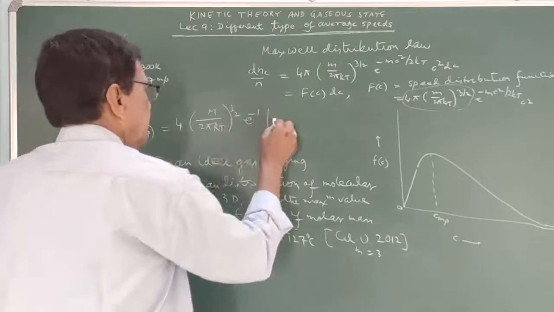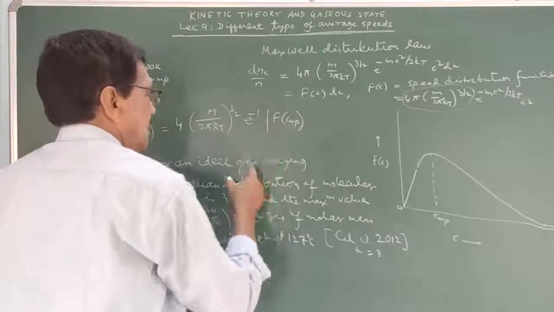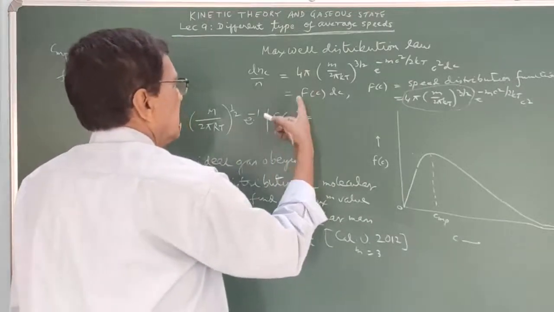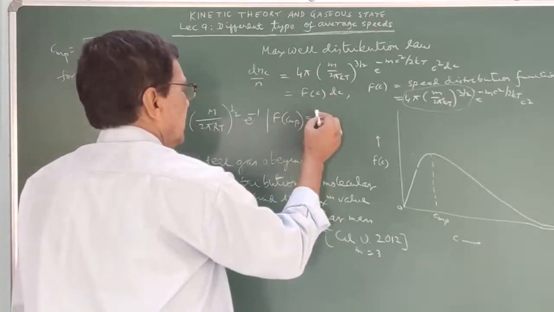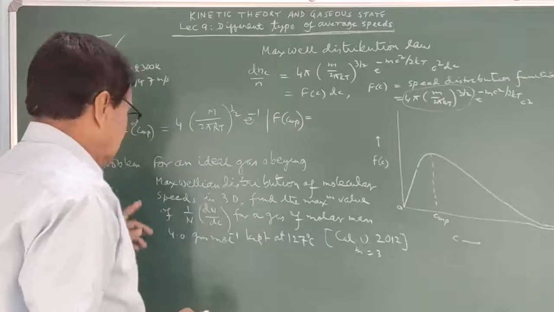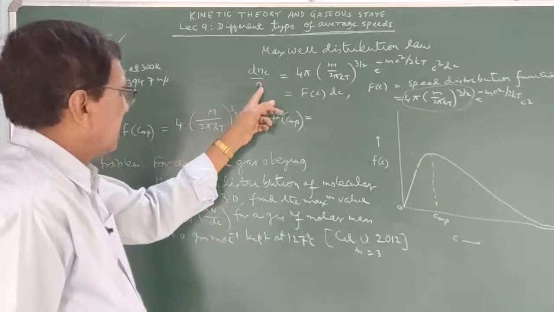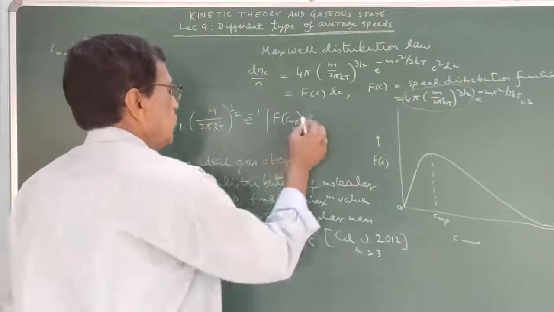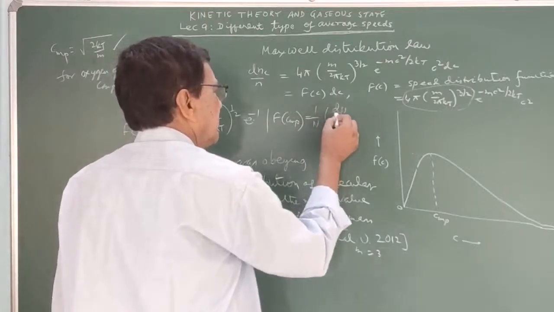The maximum value of this one is equal to 1 by n dn divided by dc. In this university, instead of small n, they have given capital N.